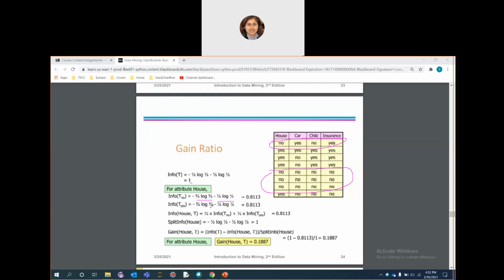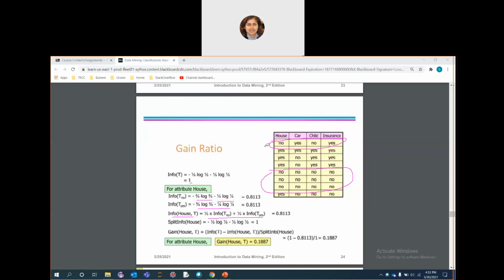Then for yes, 1 yes associated with no, 3 yes associated with yes. So we calculated that. Next, we calculate the info of house, the entropy of this given attribute. We already saw this formula. Now the split info house, how would you calculate it?